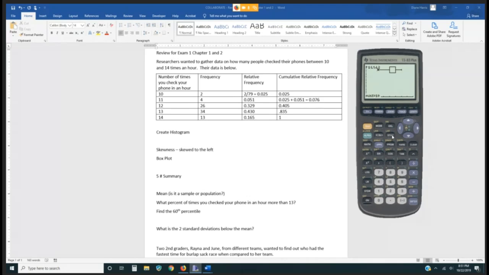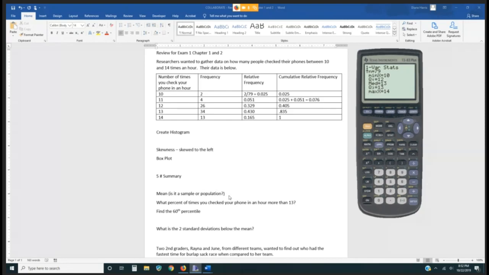We can also get this information if you hit stat, calculate, one variable stats, list 1, comma, list 2. Then we can scroll down and you can get your 5-number summary right down here: minimum, Q1, median, Q3, and max.